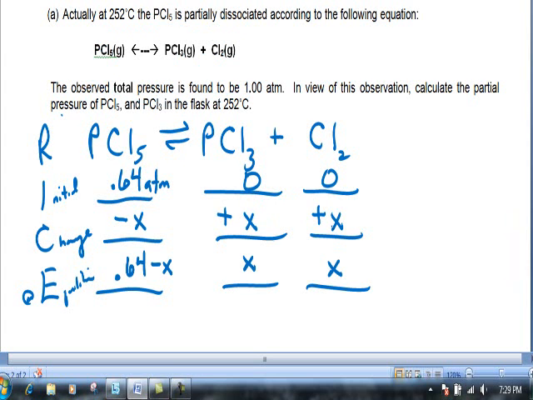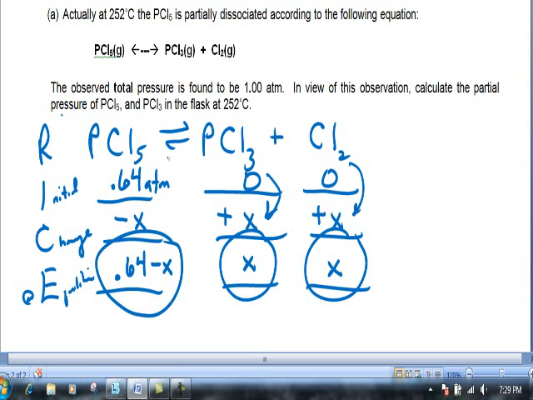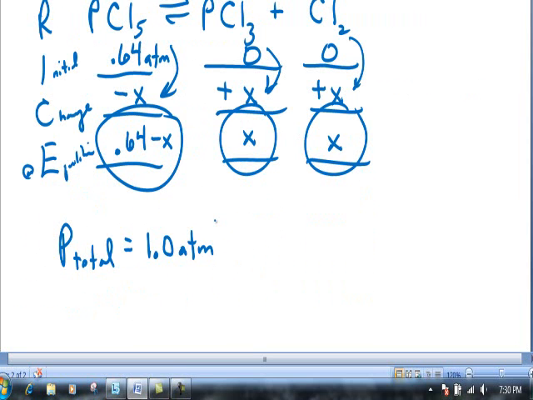We now know that when the reaction is finished, the amount of chlorine present is going to be 0 plus X, the amount of PCl3 is going to be 0 plus X, and the amount of PCl5 will be 0.64 minus X, and that's what's happening when the reaction occurs.